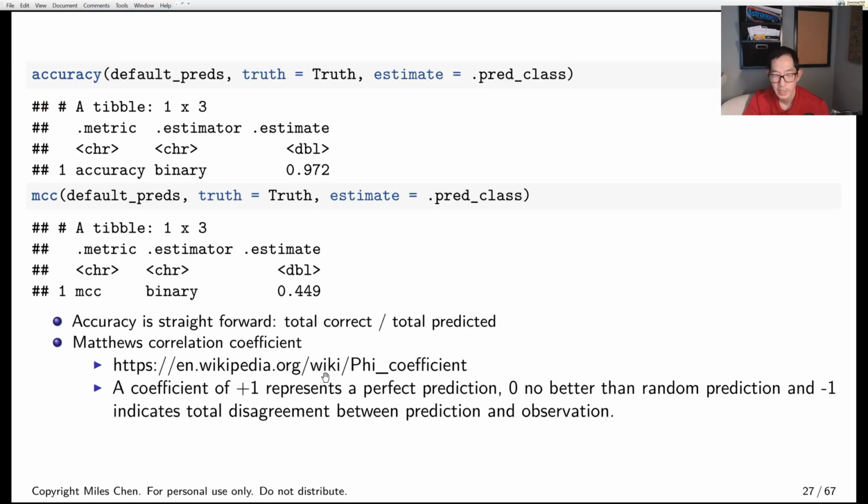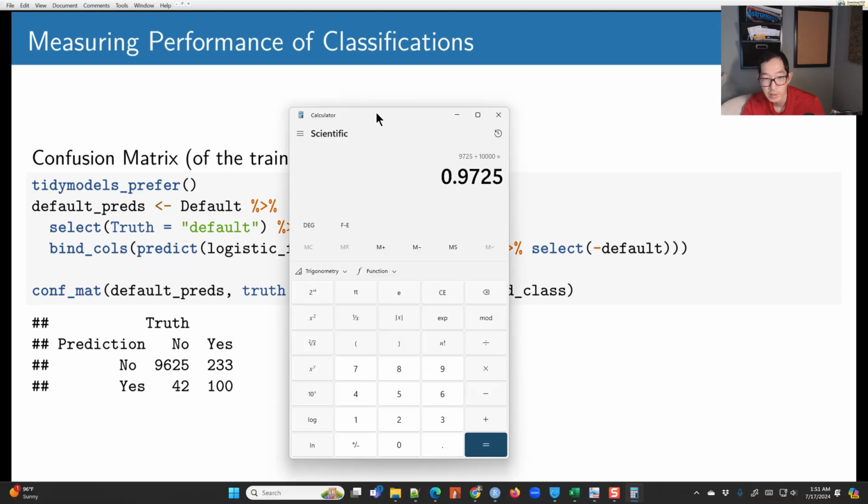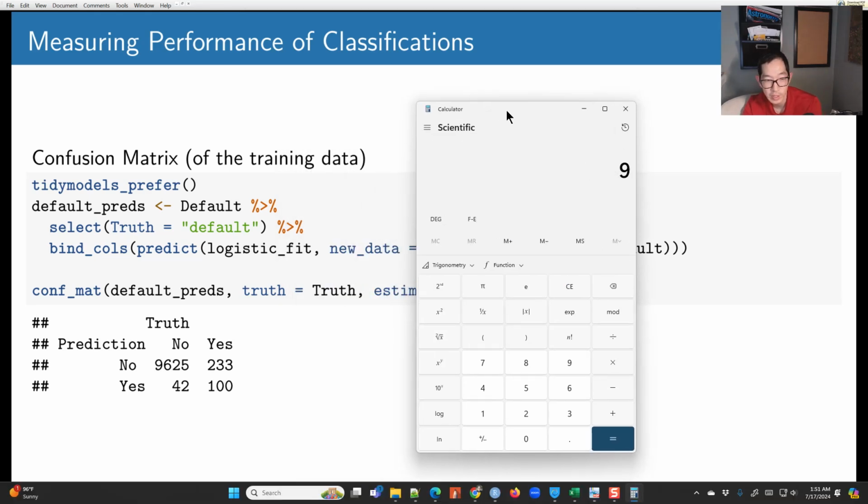So as far as those who didn't default, we did pretty good, okay? There were a total of 9,625 plus 42, 9,667 people who did not default, and we were right 9,625 times. So if I do 9625 divided by 9667, we're getting like 0.9956 accuracy, okay?